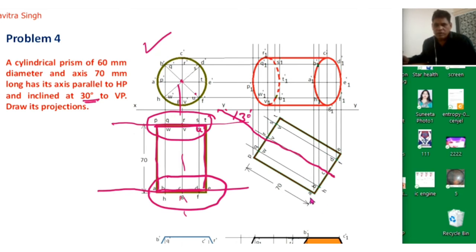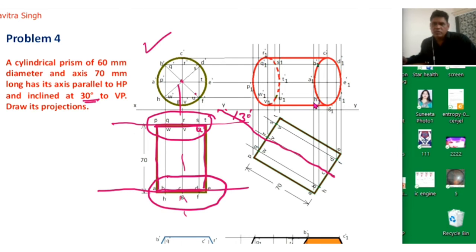Okay, so we have drawn vertical lines from point A, and from B, from point C, from point D, from point E, from point F, from point G, from point H. Okay, so we have drawn vertical lines from all points A to H. And now we will draw horizontal lines from point A dash, B dash, C dash, D dash, E dash, F dash, G dash, H dash.